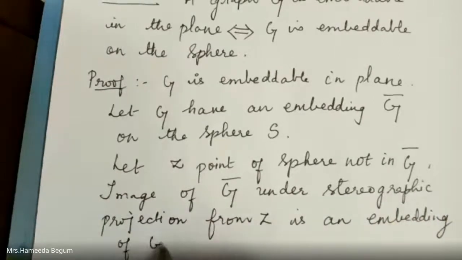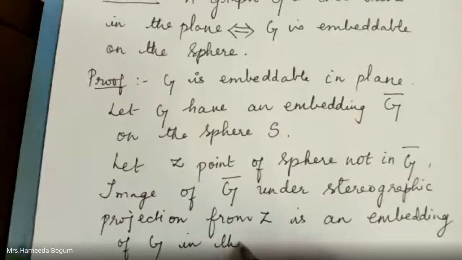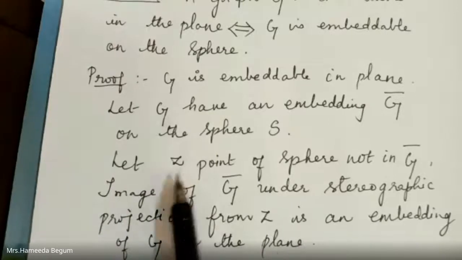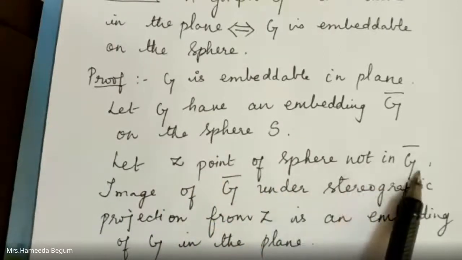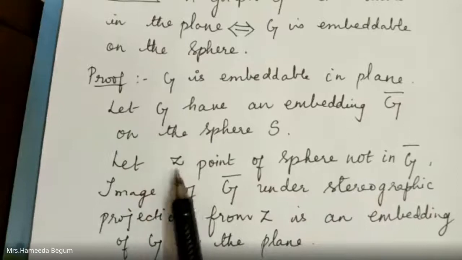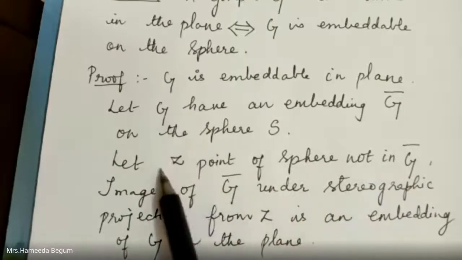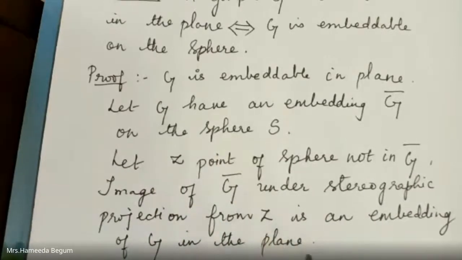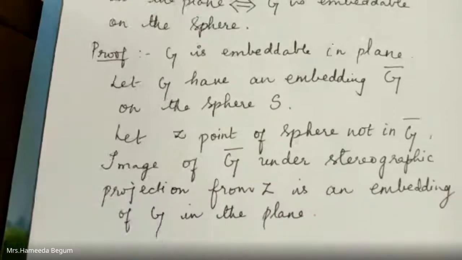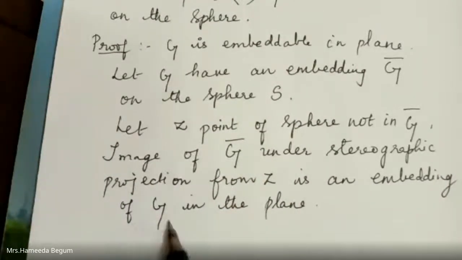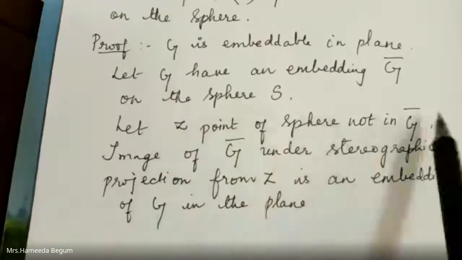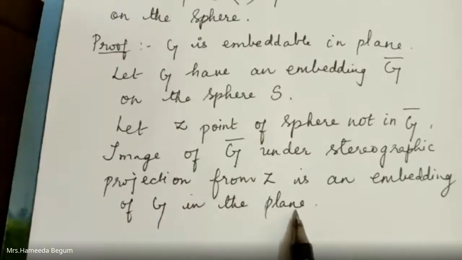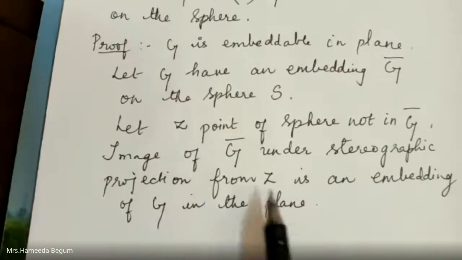So you could imagine that stereographic projection maps the sphere to the plane. So what will happen then if Z is not in G bar? The image of G bar under stereographic projection from Z will be an embedding of G in the plane. Because Z is not in G bar, G will be embedded in the plane. Okay. So I think you have got this.